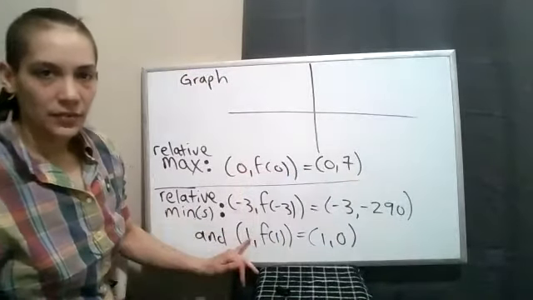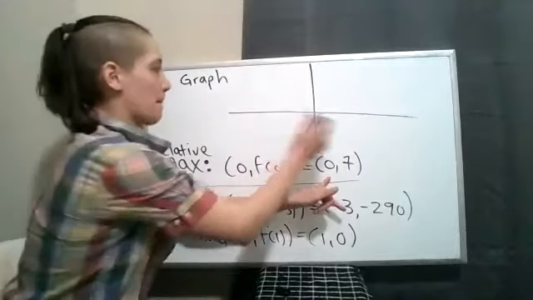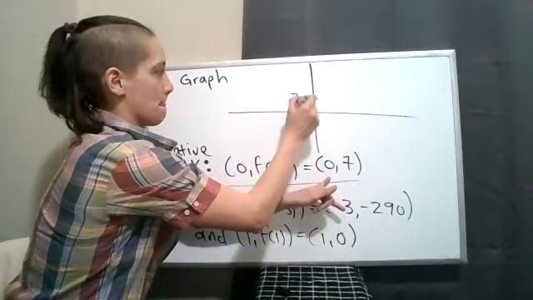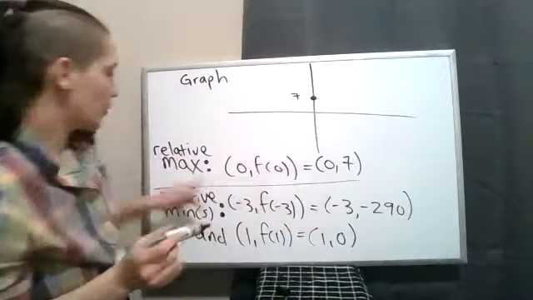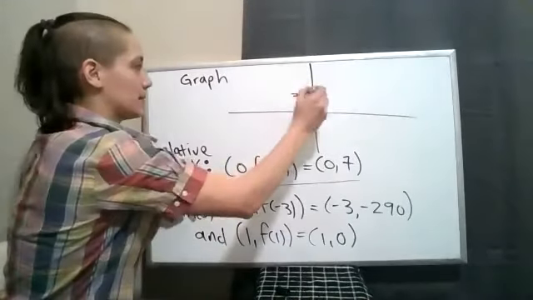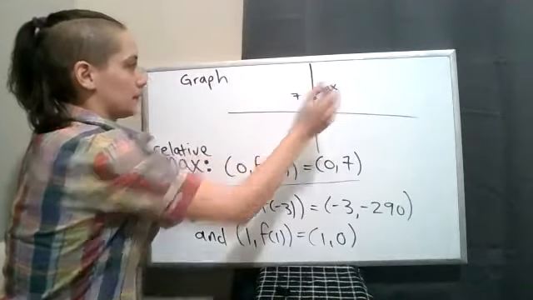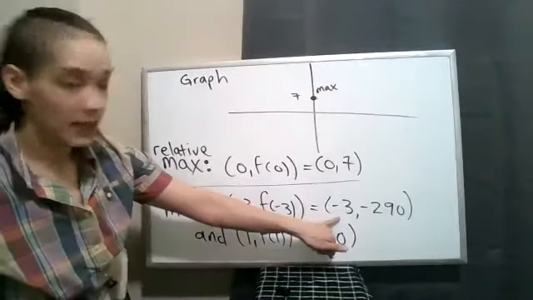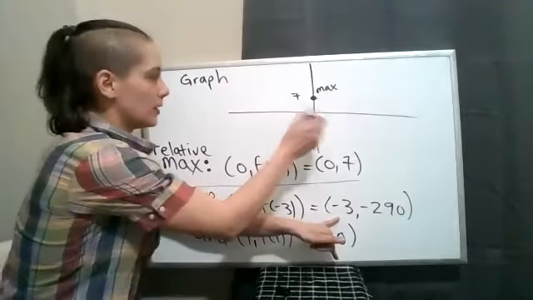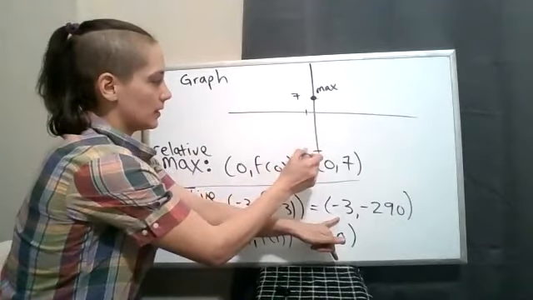So let's plot these points first. 0, 7 was a max. And -3, -290. We'll call it about here.